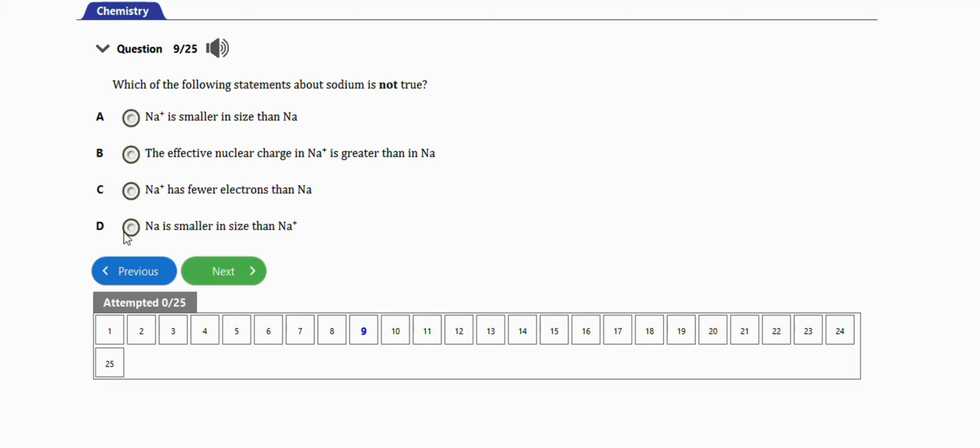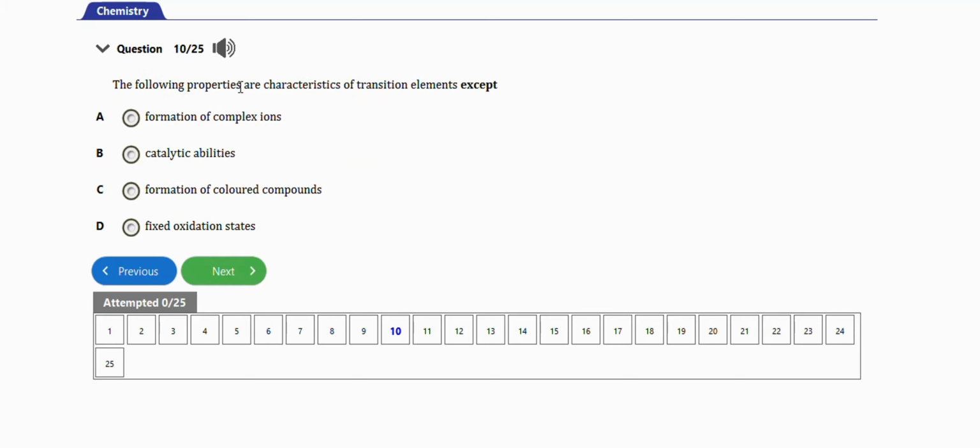No. So the right option is option D. This is not true. Sodium atom has a larger size than sodium ion, and not sodium atom having smaller size than sodium ion. So the next question will be this one.